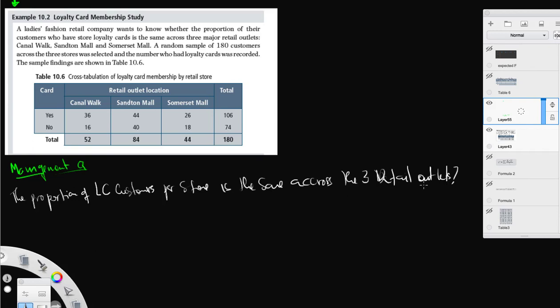So this is what we are testing at 10% significance level.